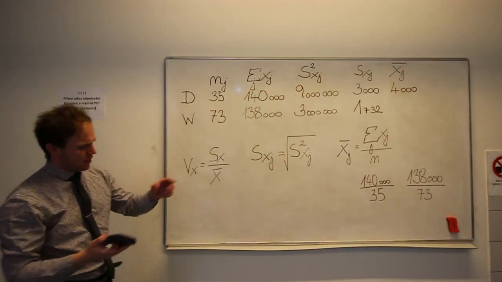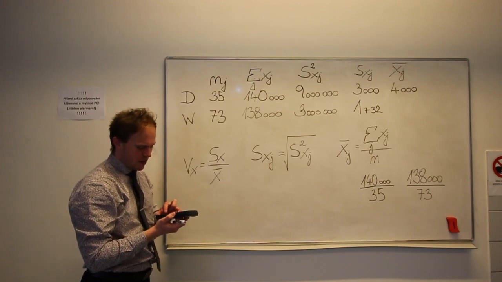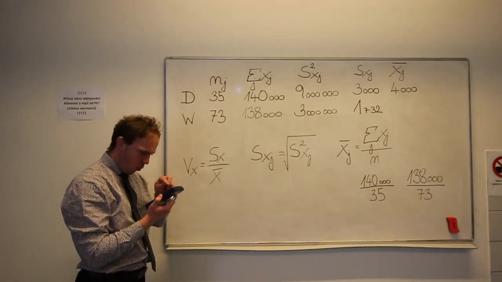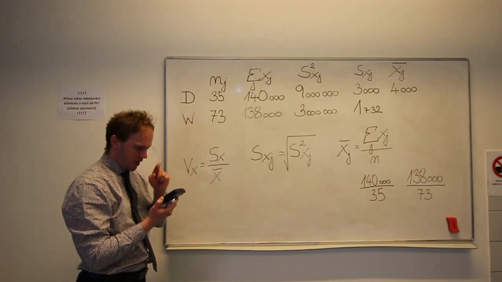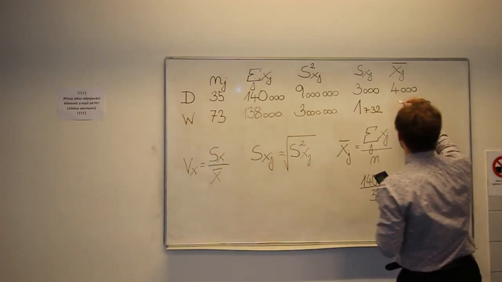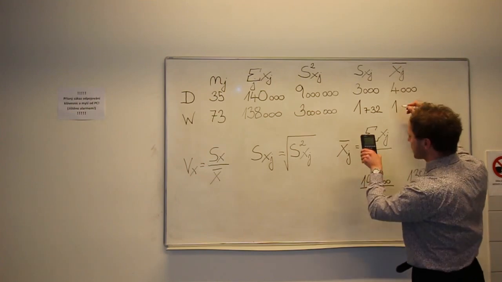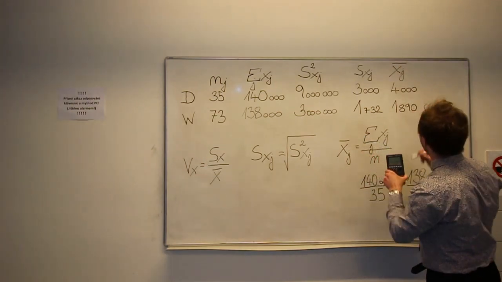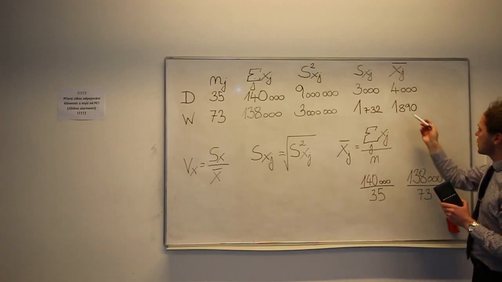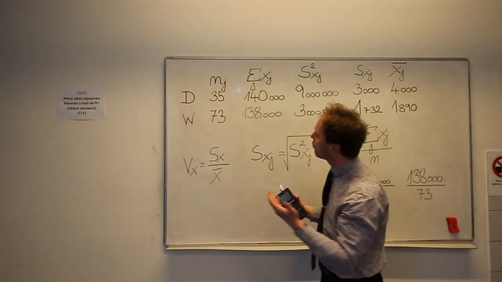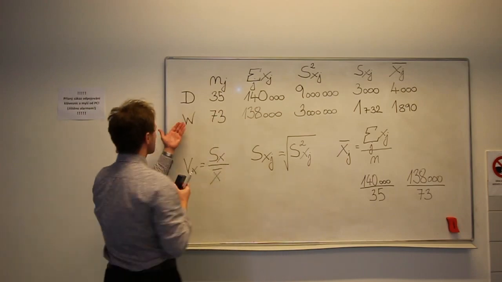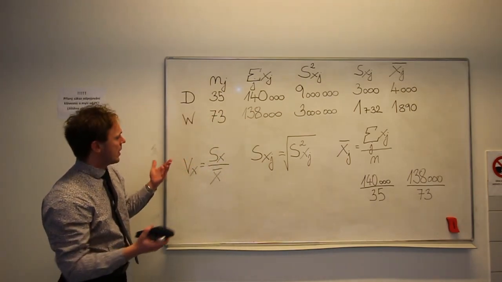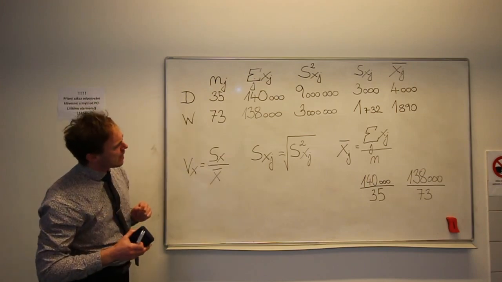And 138 divided by 73 is 1.89. So this will be interpreted as 1,890 Czech crowns. So this is the average withdrawal amount of money on this working day.